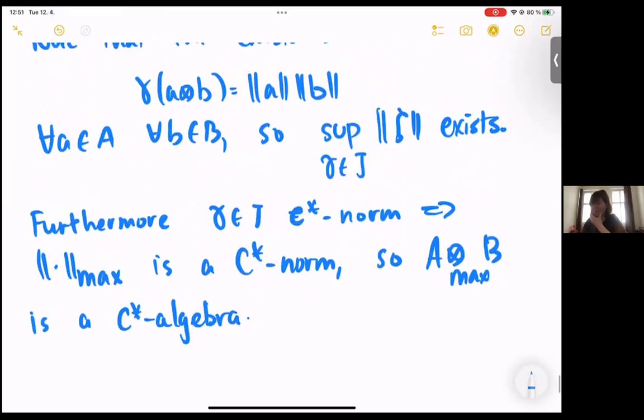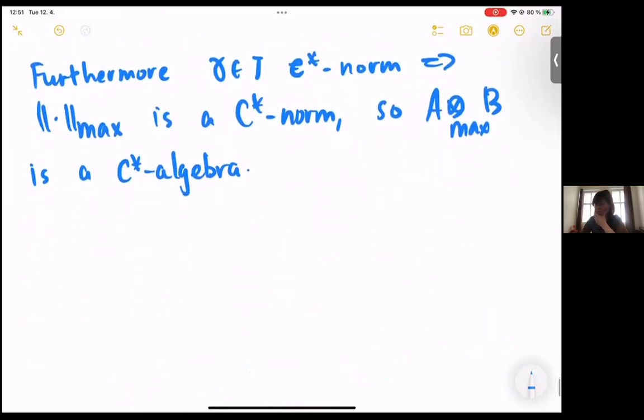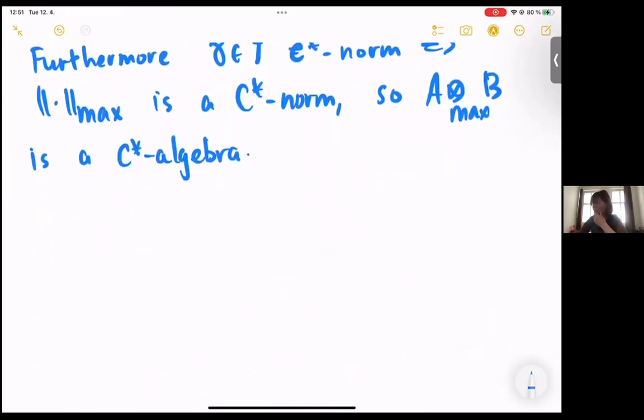And this is obviously called the maximal tensor norm because it will be larger than any other C star norm on A tensor B.